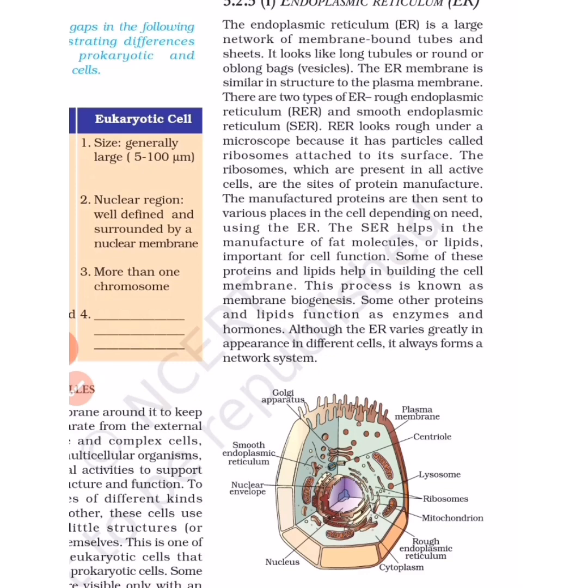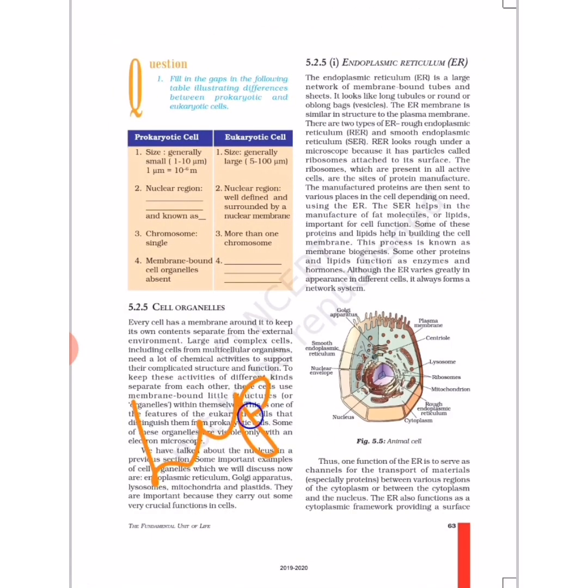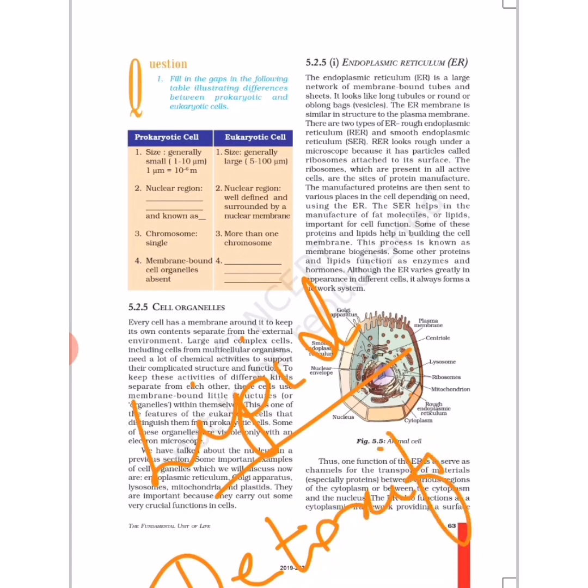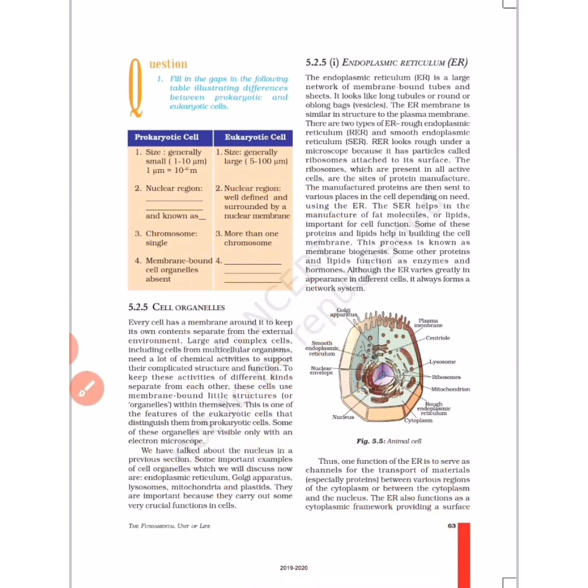They help in the formation of lipids. They synthesize the lipids, and moreover they do one more thing, that is called detoxification in the cells, removal of the poisonous substances. So these are the two functions of SER, the smooth endoplasmic reticulum.